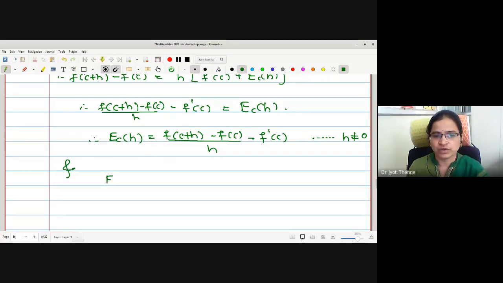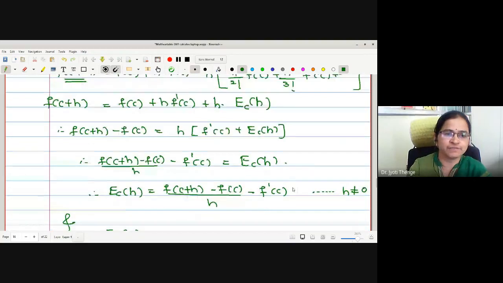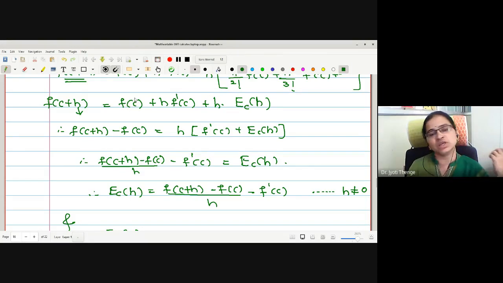And what will we take? We will take the error at the point 0 as 0. Why is the error due to h 0? Because we are interested in finding the value of f of c plus h. And if h is equal to 0, is there any need to find the value? There is no increment. f of c is already known to us, so no point arises to find out the error.